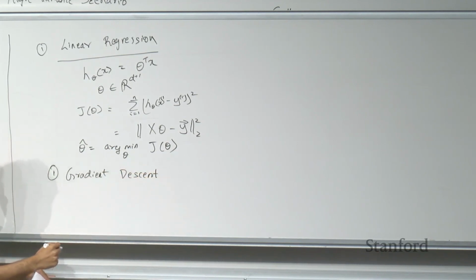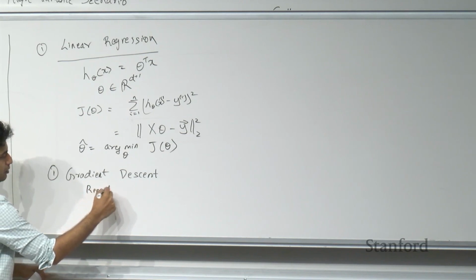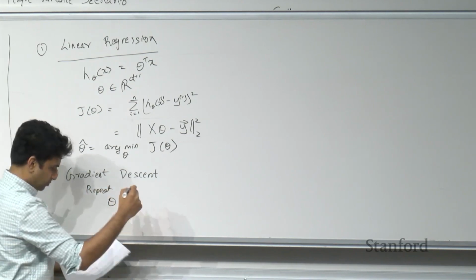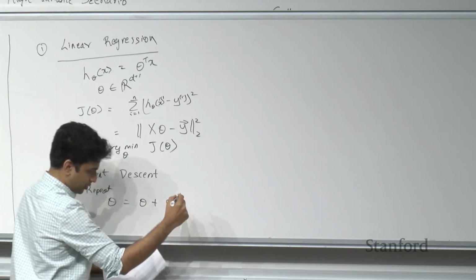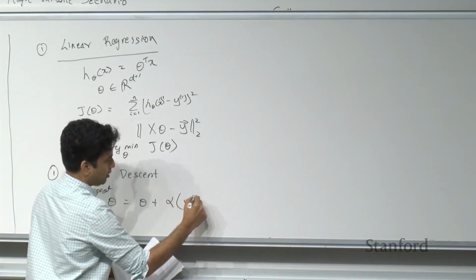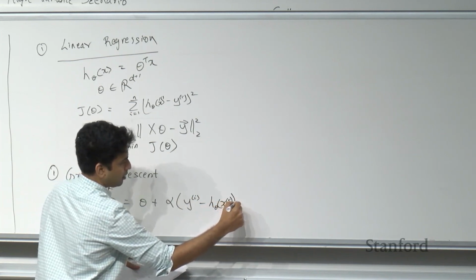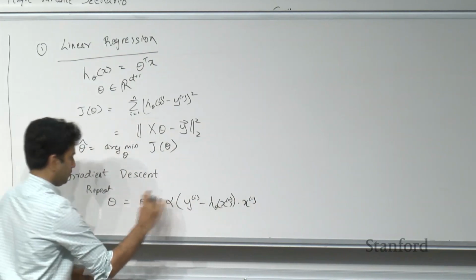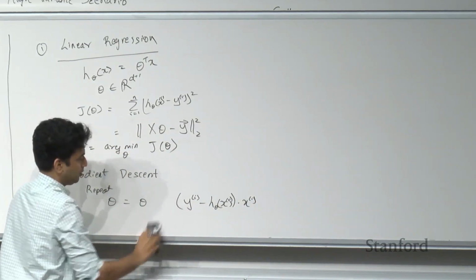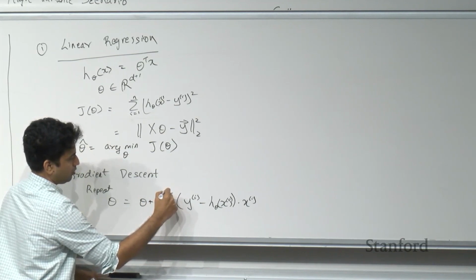And in gradient descent, we start with a random initialization of theta and run this iterative loop where we repeat theta equals theta plus some learning rate alpha times yi minus h theta of xi times xi, and here we include a summation, plus alpha times summation i equals 1 to n.